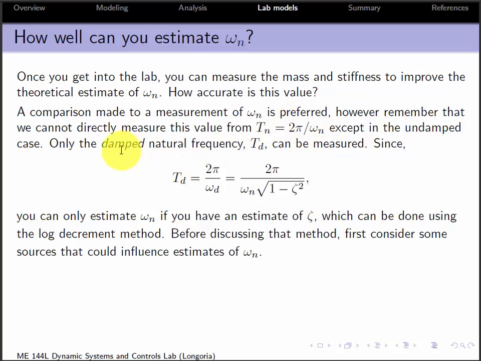Because you always have some damping, and even though one of the things I didn't do well on this design was put enough damping in there, it's a pretty lightly damped system, so you're going to find that zeta is small, but it's not zero. It'll allow you to see when I can assume that my zeta is small enough so that my damped period, which I can measure, because it's always damped, is actually pretty close to my natural period.